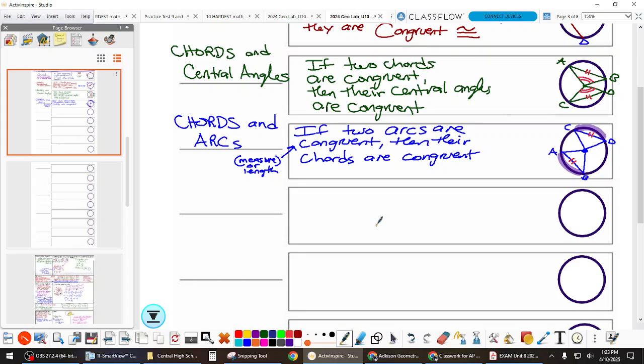Do you think we can show congruent arcs with a tick mark like that? I don't think we've seen that. Do you think it's okay? It is okay, and you will probably come across that in some of your work.